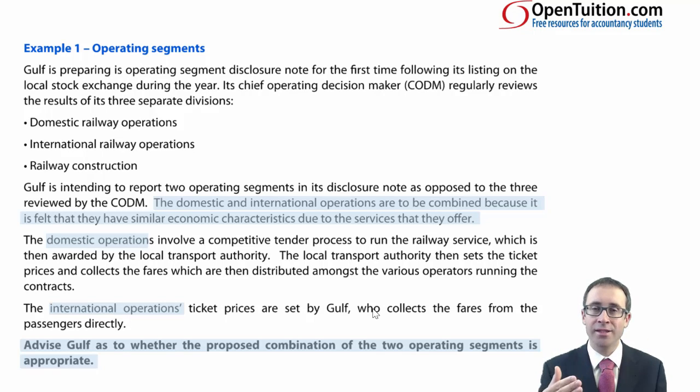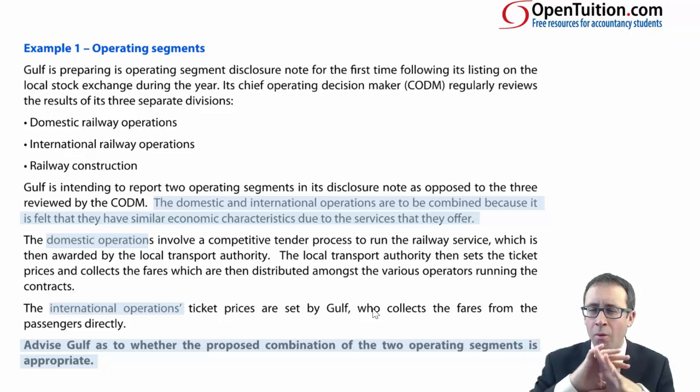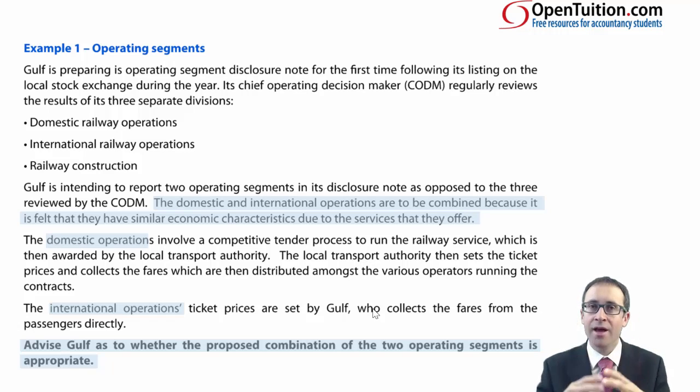Okay. So domestic railway operations would be a segment, international railway operations would be a segment, and railway construction would be a segment. As you see there, there's no numbers, are there? Not one number whatsoever, apart from it saying example 1 at the top. But therefore, that's much more geared towards a question 2 or a question 3. And that's where you tend not to have as much computation.